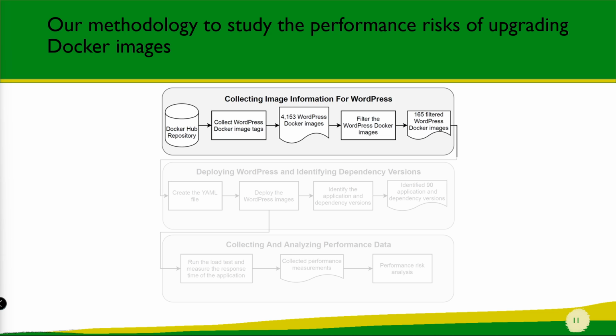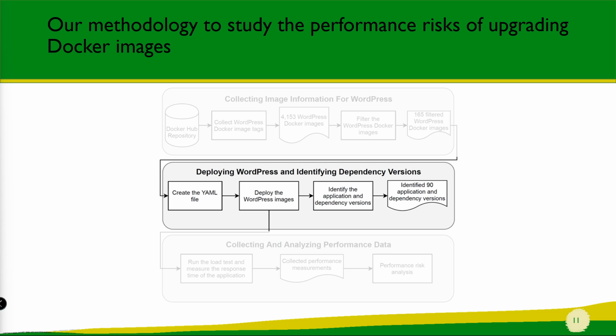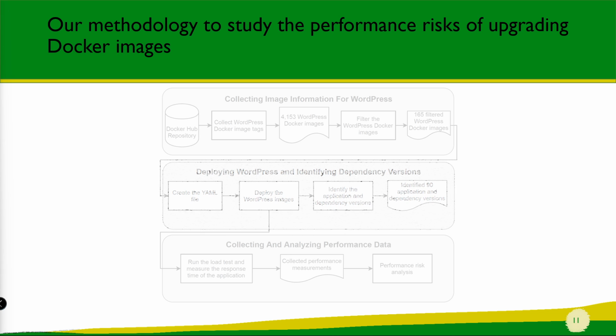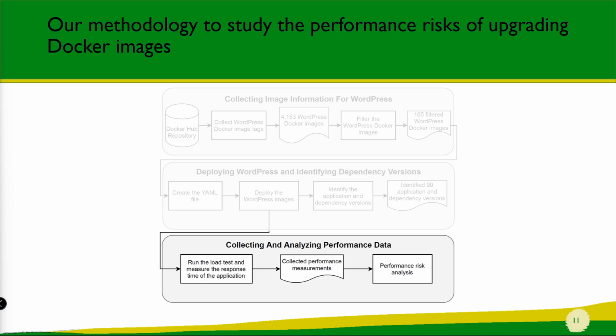And after filtering some of these Docker images, we ended up with 165 filtered WordPress Docker images. In the second stage, by creating YAML files for each Docker image, we deployed them and identified the dependency versions, which resulted in 90 unique application and dependency versions. Then, in the last stage, we ran the load test and collected performance measurements for performing our proposed performance risk analysis.